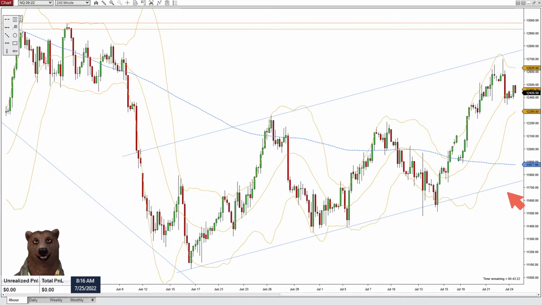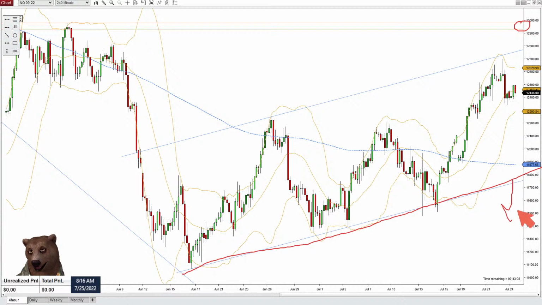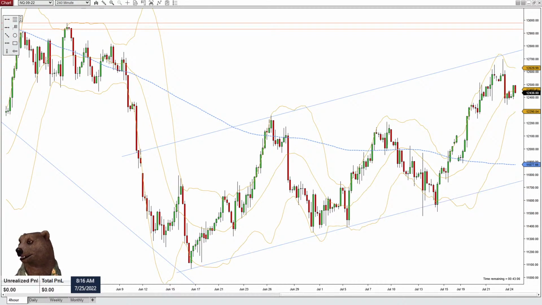Good morning, man. We're still in the context of a larger down channel, so we have to keep that in mind. I wouldn't go bearish until we hit a significant level of resistance and break this supporting channel here. Then I would be looking for that leg down, but it's got to do that.